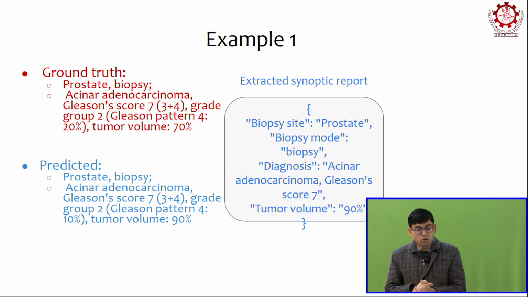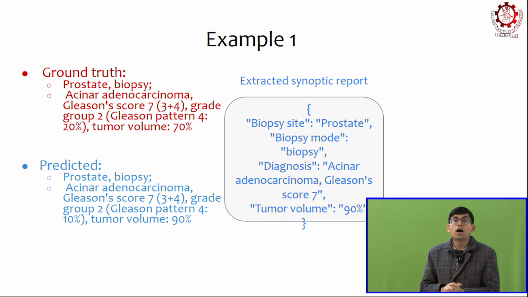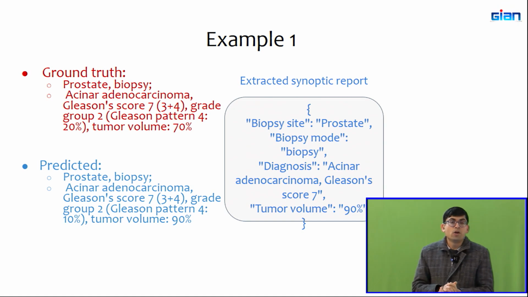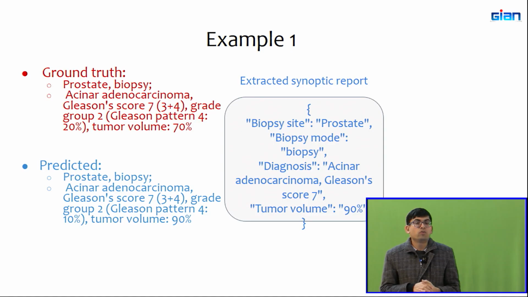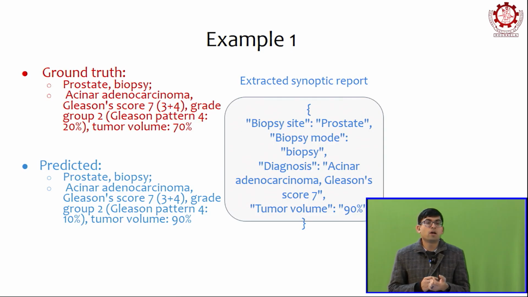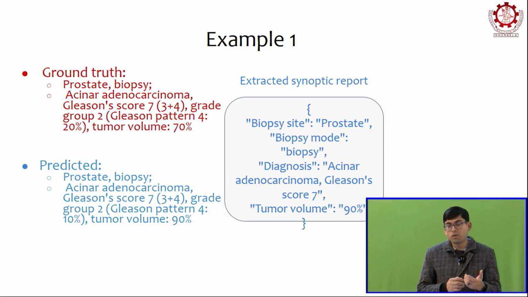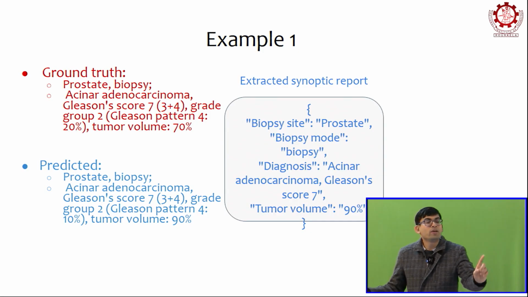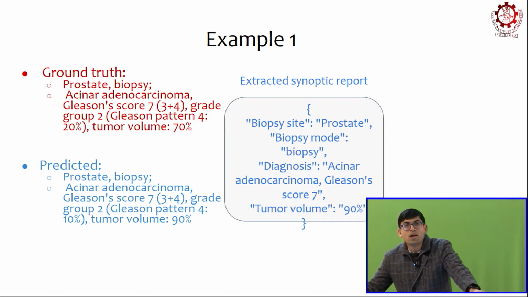And on the lower left side, you see what our model predicted. You see that it's quite good. Just that there was some difference in the Gleason pattern, but it was pretty good, and we stood third in the final leaderboard. Okay, so there was an interesting lesson here as well. I'm pretty sure that the model we developed would have outperformed the other models, but there was a mistake that we made.